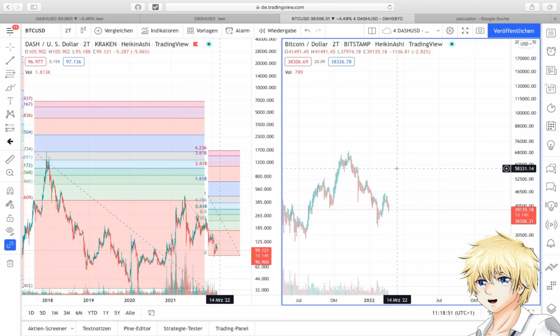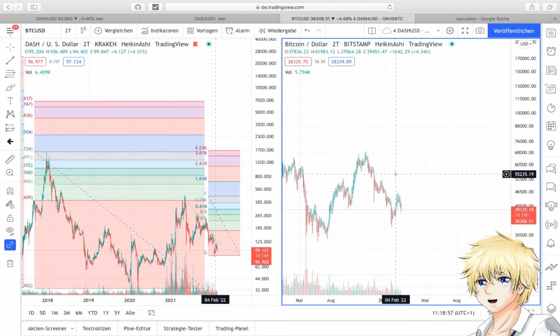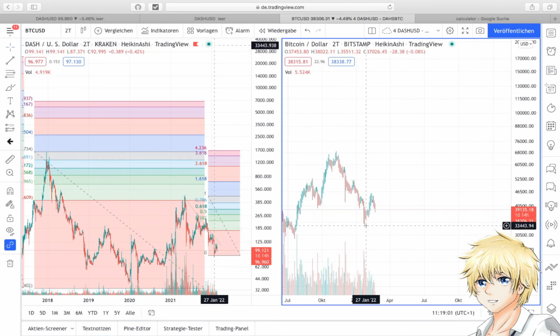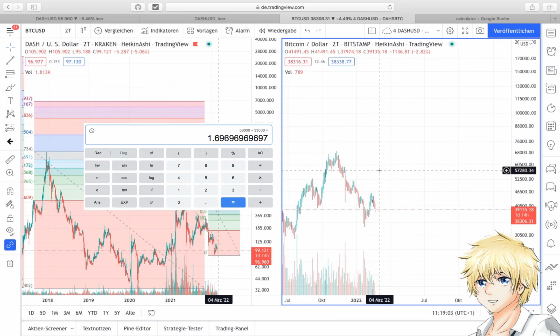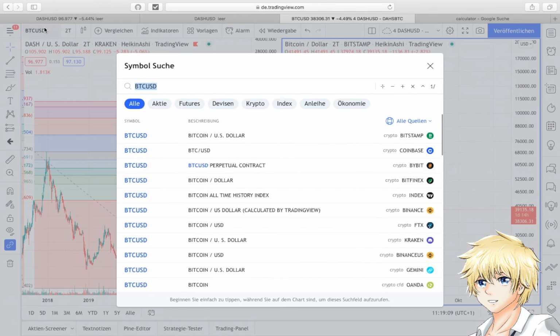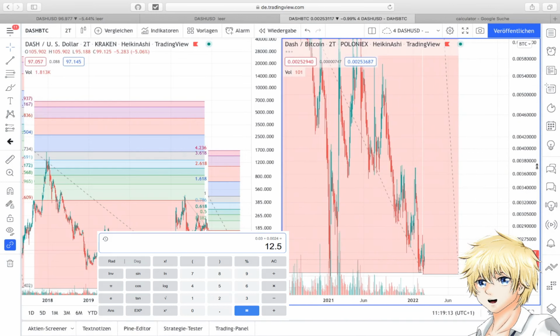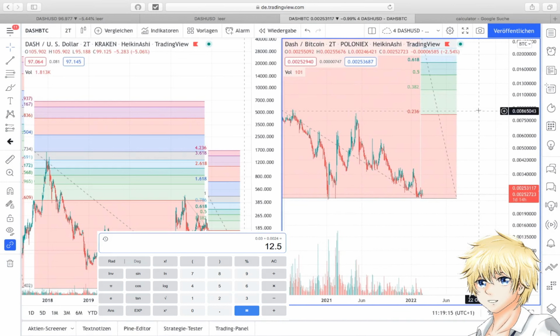He said, okay, so we're doing a retrace and then we're gonna crash. A retrace to $65,000 more or less. So if that is happening, then this is a 1.7x increase for Bitcoin. Now we just said Dash BTC will rise 12.5x in the same time.